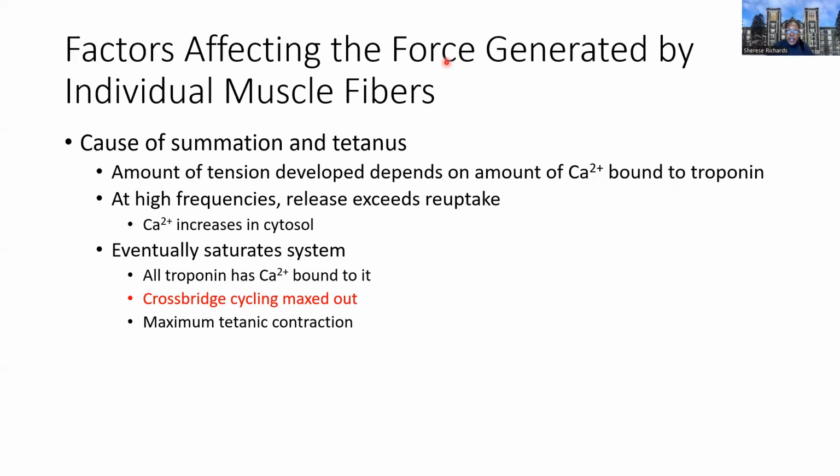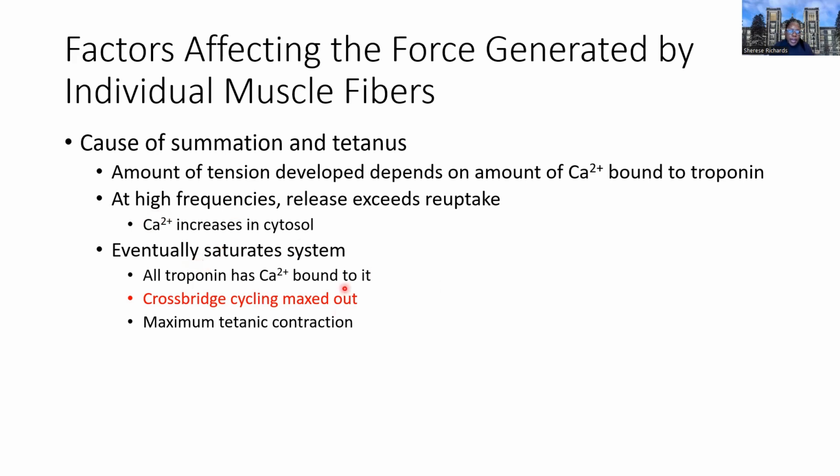So at high frequencies, the amount of reuptake, so the calcium ATPase pumps that should be reuptaking calcium back into the SR, that decreases, right? The reuptake is decreased as compared to the calcium release into the cytosol or sarcoplasm. This eventually saturates the system.